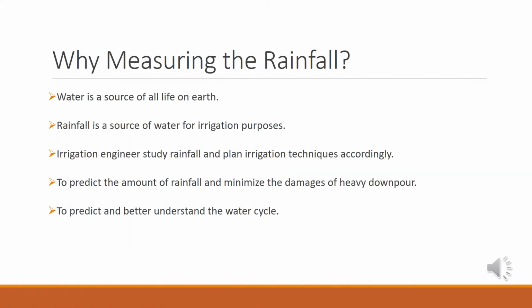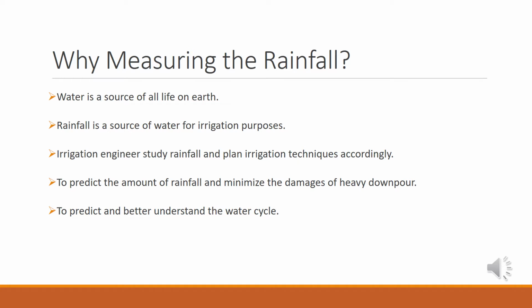My dear students, the first question that comes to mind is, why is it so important to measure the amount of rainfall? Some possible reasons can be as under. Water is a source of all life on Earth, so we need to know the pattern and amount of rainfall.